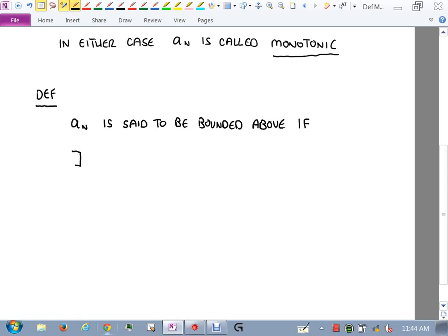What is this? If there exists a capital M such that A sub n is less than capital M for all n.